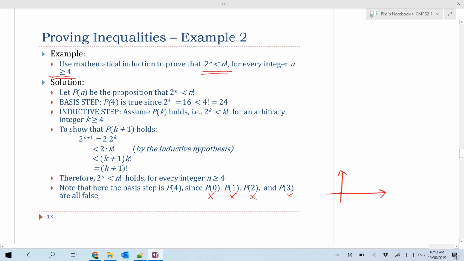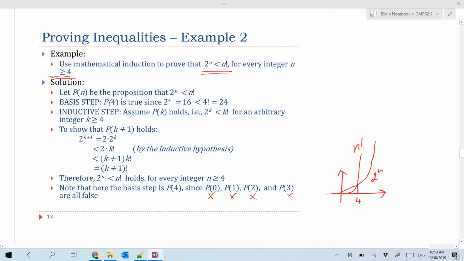Maybe the factorial of n goes slowly at the beginning and then very steep afterwards. But 2 to the power n goes a little bit steeper at the beginning, and then after 4, 2 to the power n is often less than factorial of n.